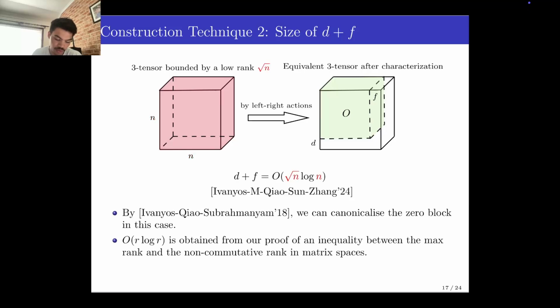Then using this lemma we can just plug in square root of n and get that these D and F margins will be size square root of n log n. So these D and F structures will be at most O tilde square root of n.